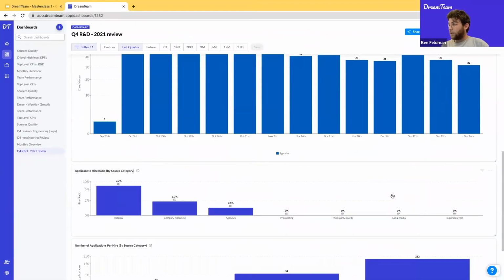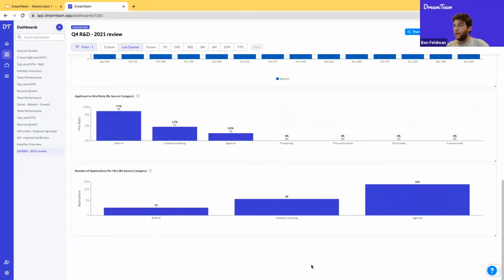So I'm going to add it. And what am I looking at here? I'm looking at 212, which means I need to receive 212 CVs or resumes in order to hire one candidate if they come from agencies. And if I look at it the other way around, I can say what percentage of applications that come from agencies get hired. I see 0.5%. And this is compared to referral, which is 7.7%, or 13 hires.